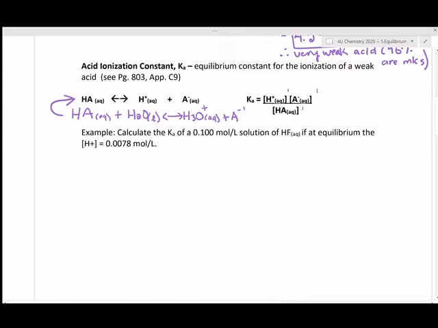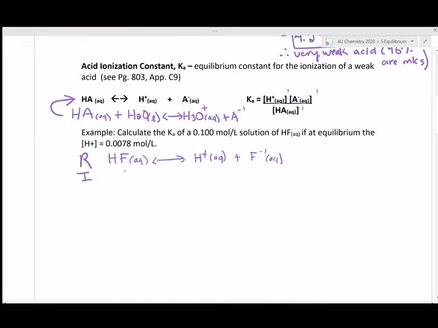It's a good idea to start with a RICE table, because we have one value here at equilibrium, but we're going to need all of the values in order to solve for Ka. So we'll put this into a RICE table, and we've got hydrofluoric acid turning into hydrogen ions and fluoride ions, or hydronium ions if you prefer.